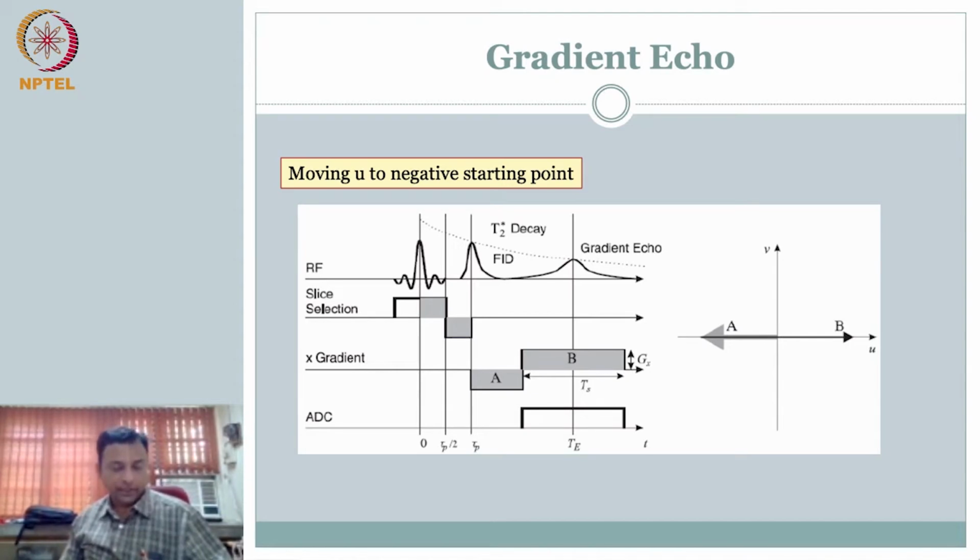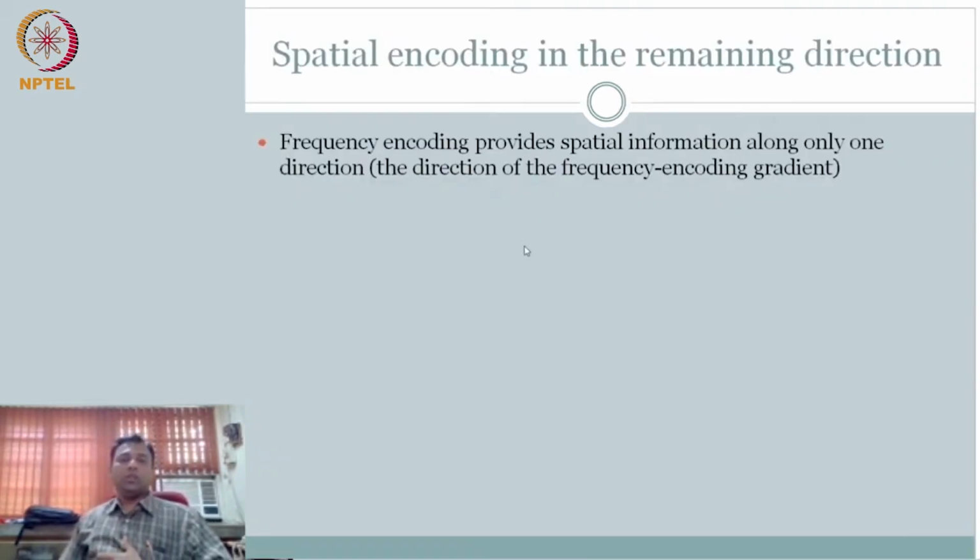In other words, we did z gradient, we have used x gradient. So we need to separate it out in the y direction, which transfers to the v direction here. How do we do that? The frequency encoding, when we talk about convention, we are talking about the x gradient.